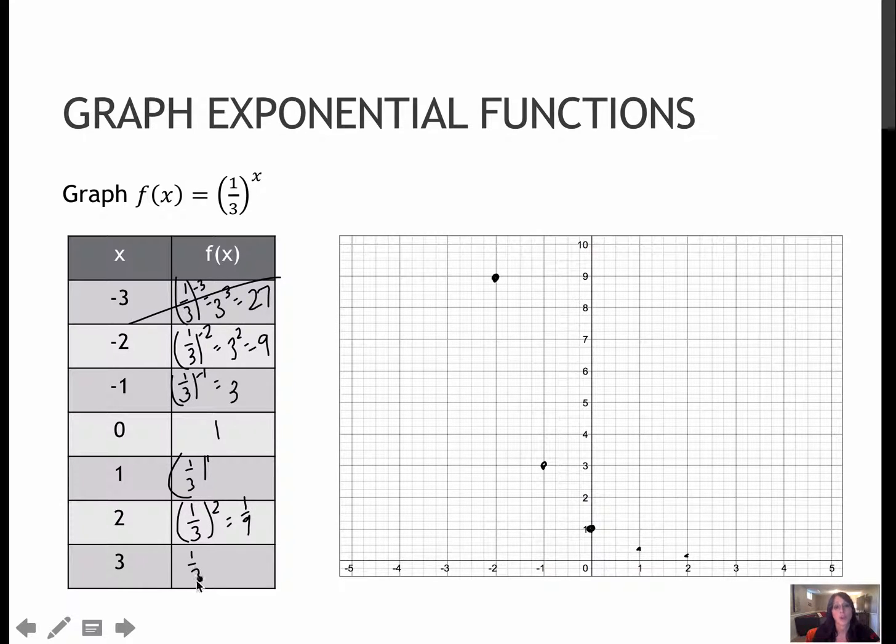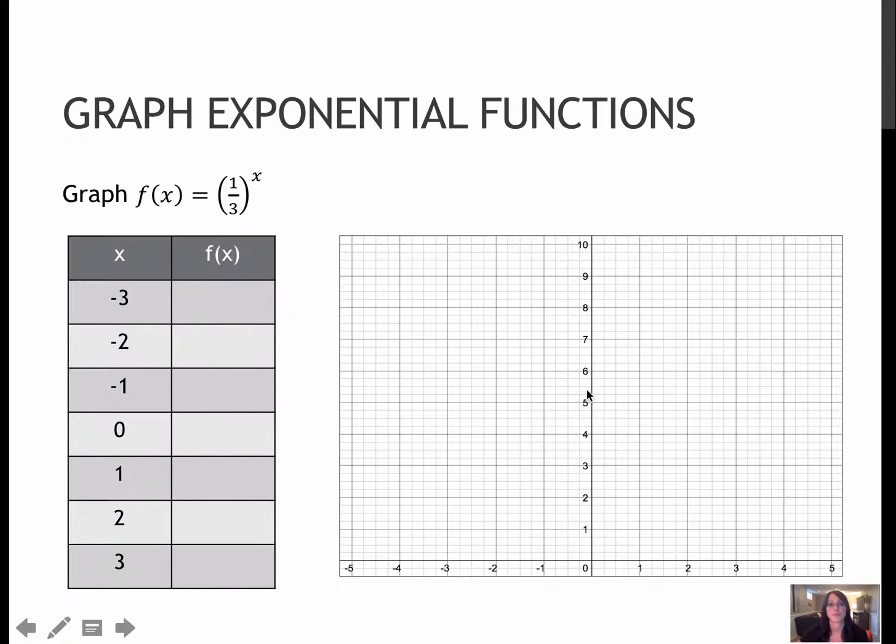And then 1/3 cubed is 1/27, which is even closer. So as we said before, it's going to get closer and closer to 0. I did a little better job on that one, but that's essentially what our graph would look like.